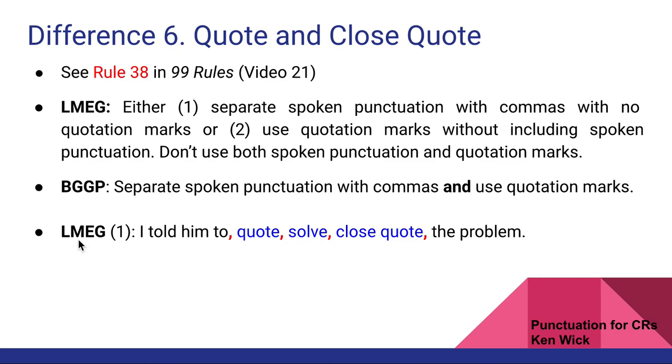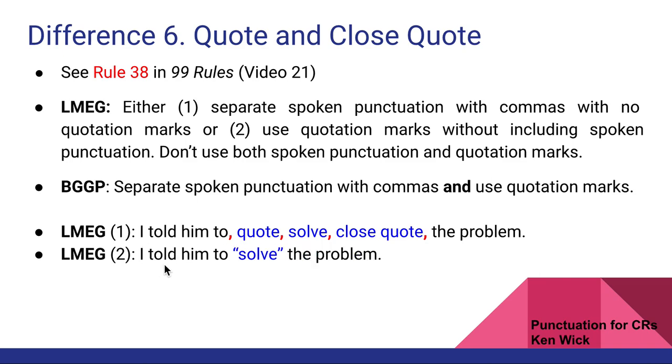So an example of LMEG case number 1: I told him, comma, quote, comma, solve, comma, close quote, the problem. So I told him, quote, solve, close quote, the problem. So you separate the punctuation with commas, and that's how you have it.